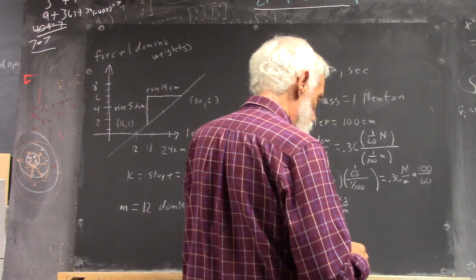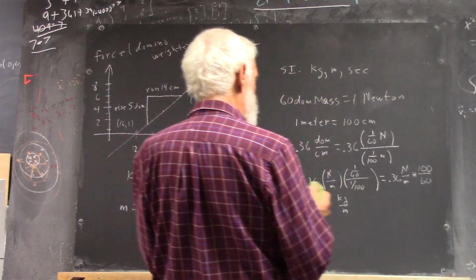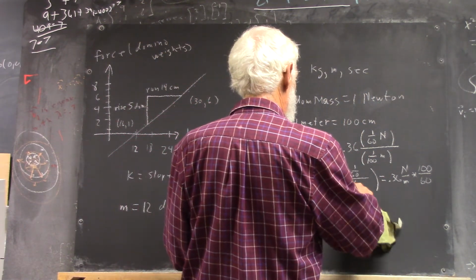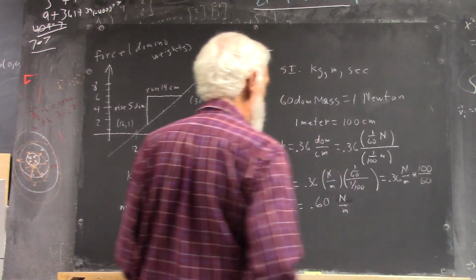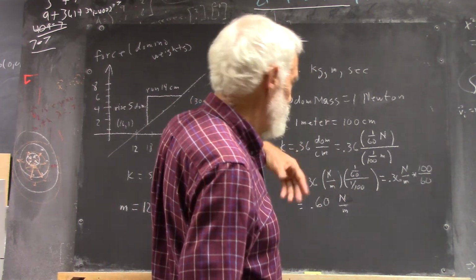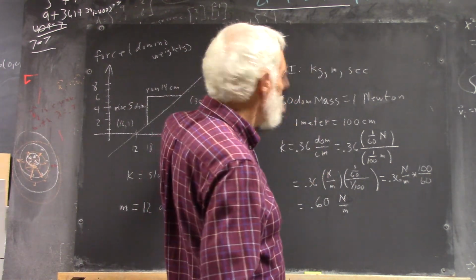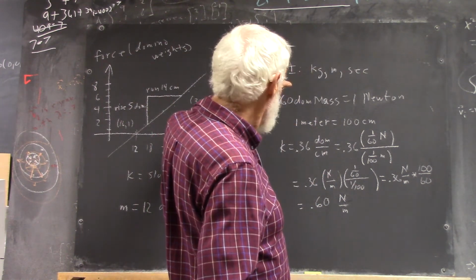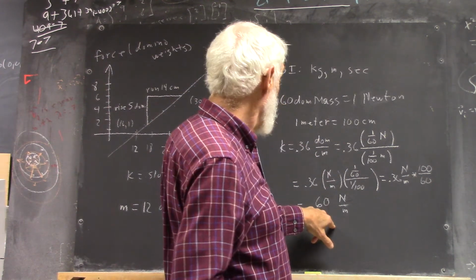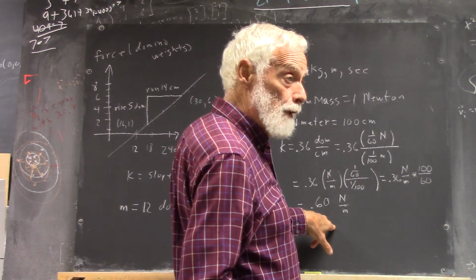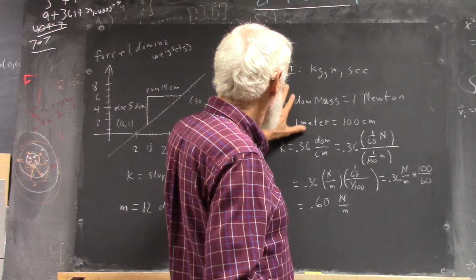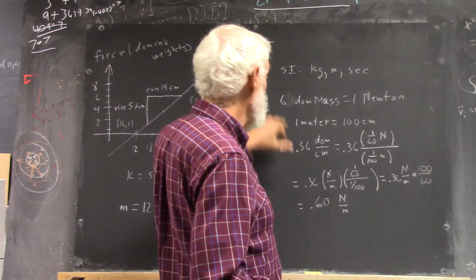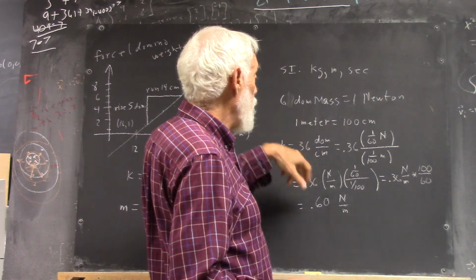I didn't realize until I got down here, I got kilograms per meter, that I'd been following an erroneous approach. Okay? So it didn't make sense when I got down here. Now the other thing is, my conversion factor isn't quite right. We take the 0 off of that 60, and you'll understand why.